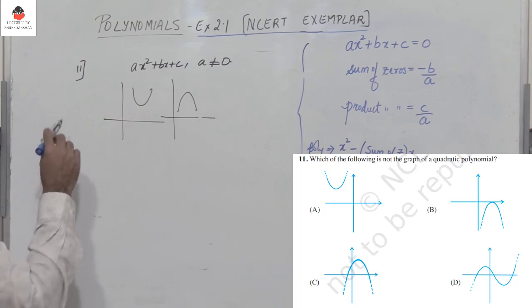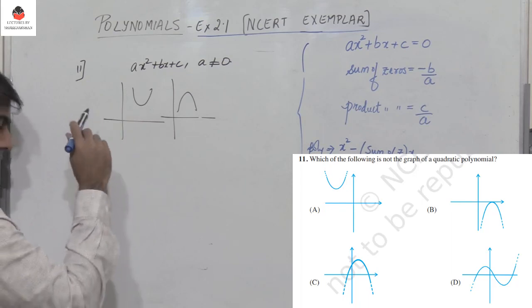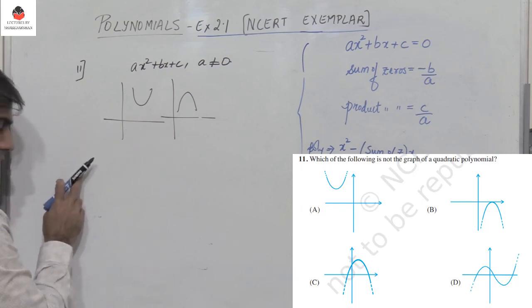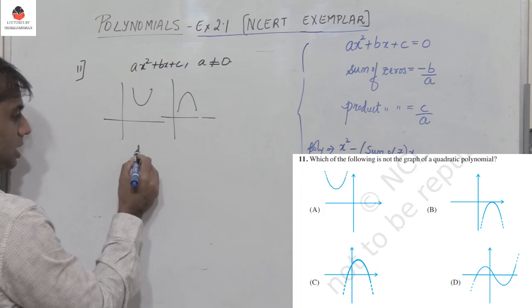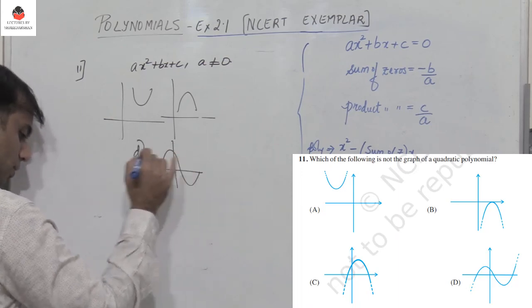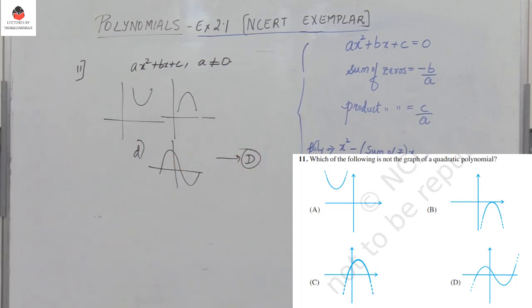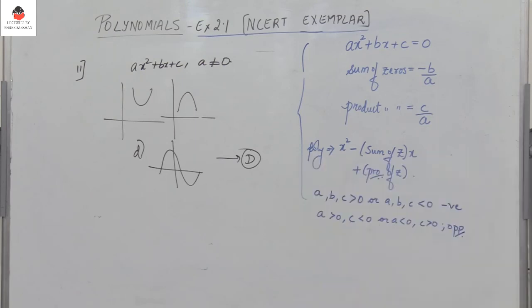So if you observe all the 4 options, A definitely is a parabola, B is also a parabola, C is also a parabola, but D, you have a graph like this, which is not a parabola. So the option is D. So the right option is D. So this does not form the graph of a quadratic polynomial.